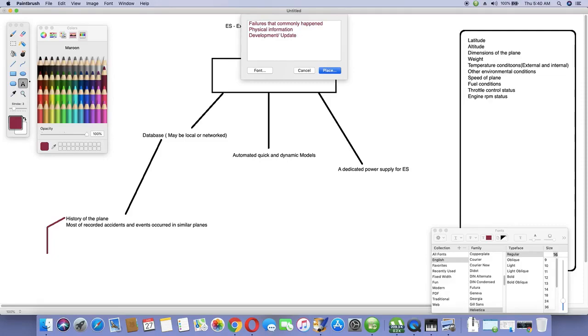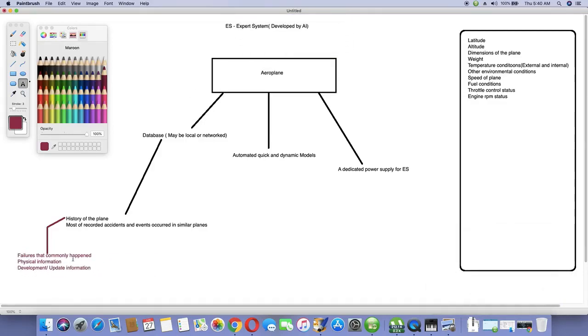These are all examples. So the failures that commonly happen to that plane, and physical information, development and update information.